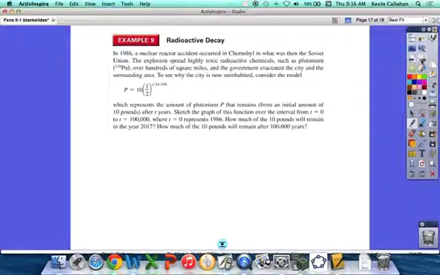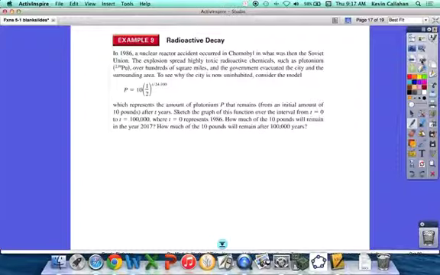Radioactive decay. In 1986, a nuclear reactor accident occurred at Chernobyl in what was then the Soviet Union. The explosion spread highly toxic radioactive chemicals such as plutonium-239 over hundreds of square miles, and the government evacuated the city and the surrounding area. To see why the city is now uninhabited, consider the model, right?